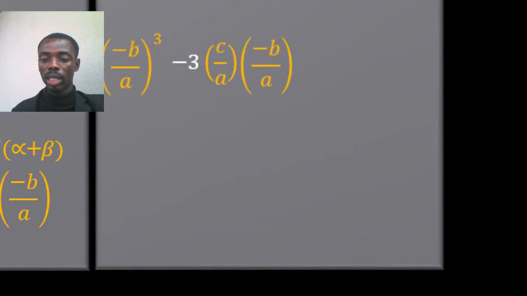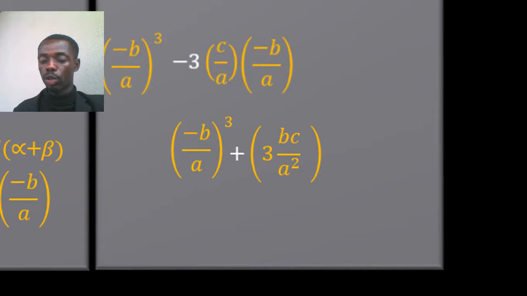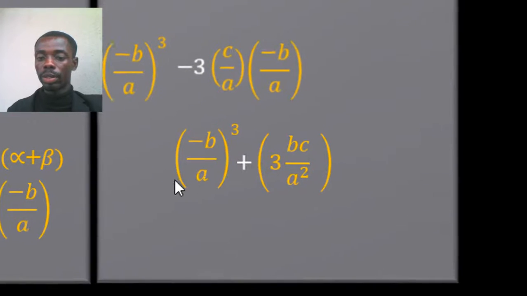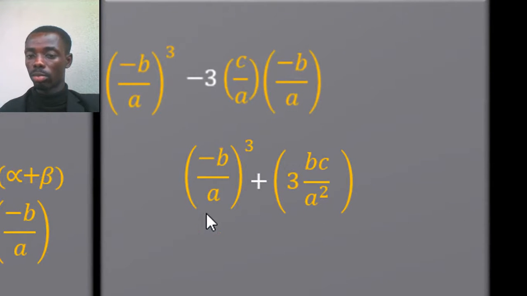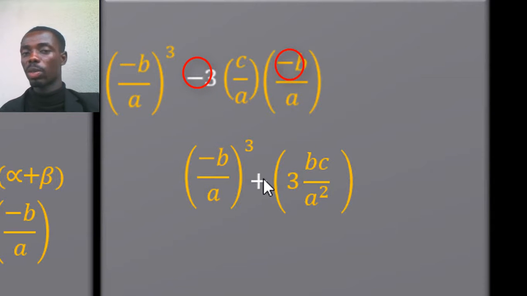So let me proceed and see how to tidy things up, if possible. So I'm having minus b over a all raised to the power of 3 plus 3bc over a squared. Okay, why the plus? Here is a negative multiplying this negative. It's giving you a positive already. Here is minus. This minus cannot change because it's raised to the power of 3.